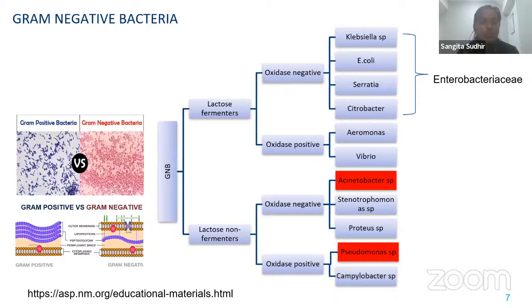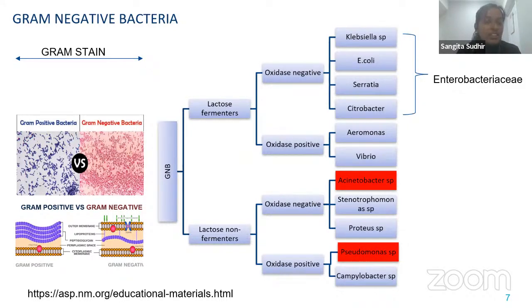Just to brush up your knowledge, whenever a patient presents with a sign or symptom, the first thing we do is check whether it's an infection or a non-infectious etiology. Once we conclude that this is an infection, the first thing we do is microbiological sampling. We do gram staining to understand if it's a gram-positive or gram-negative bacteria.